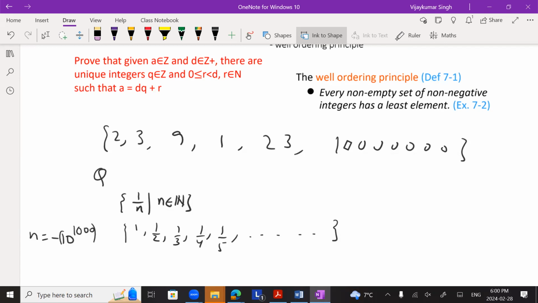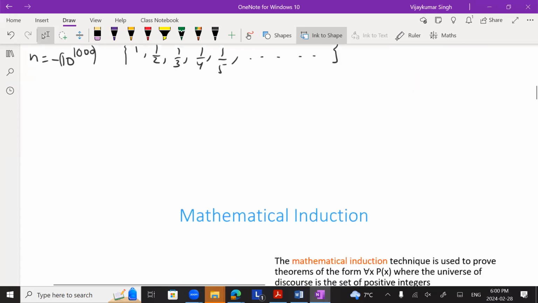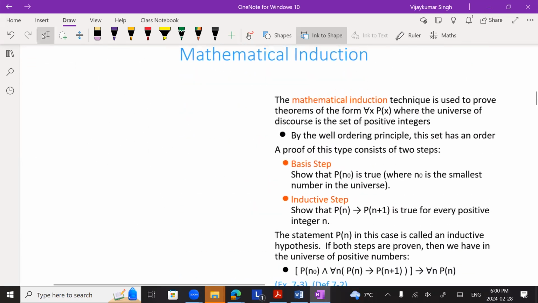Now, why are we discussing that here? Because that's the nature of mathematical induction. So what is mathematical induction? It is a technique to prove a statement for all x, where x comes from either the set of positive integers or the set of non-negative integers.